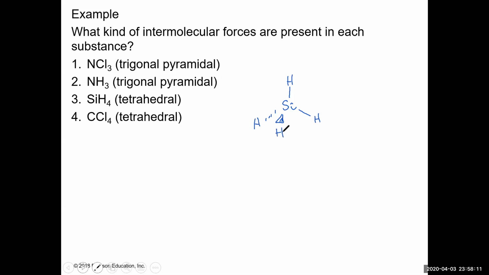In this case, all of the polarities of each of these bonds will cancel out because each of these bonds are evenly spaced from each other. And for this reason, all of the polar bonds will cancel. So this is a non-polar molecule.